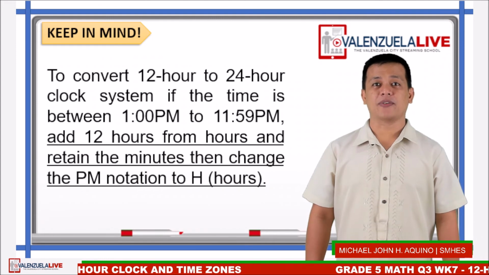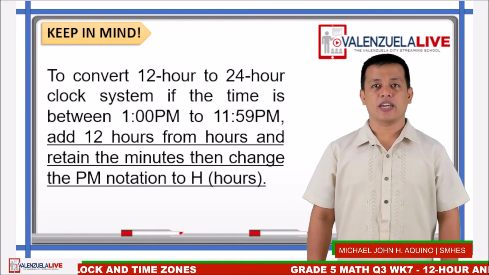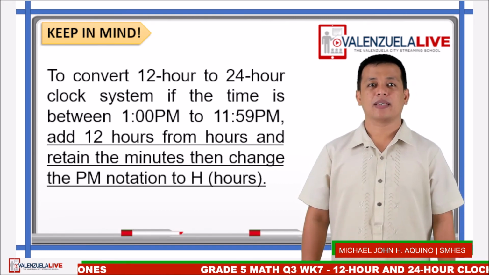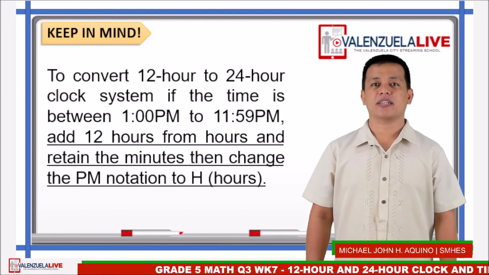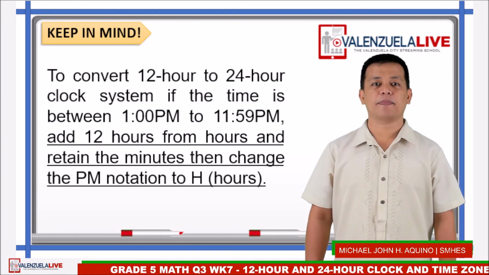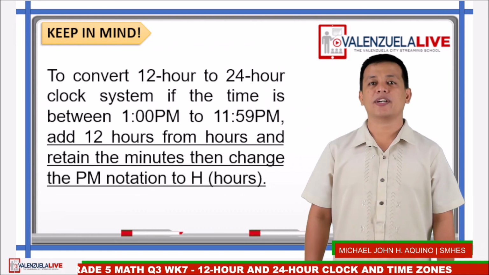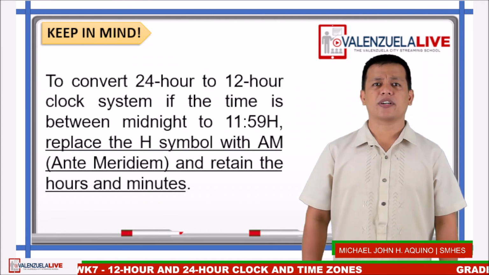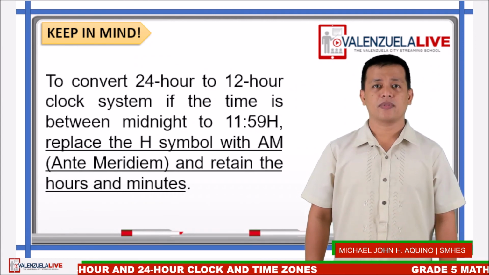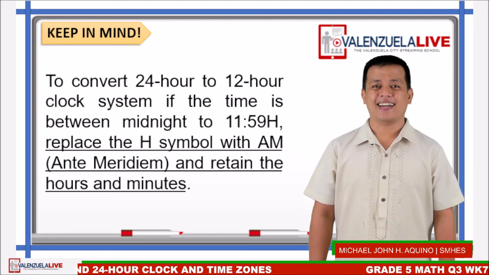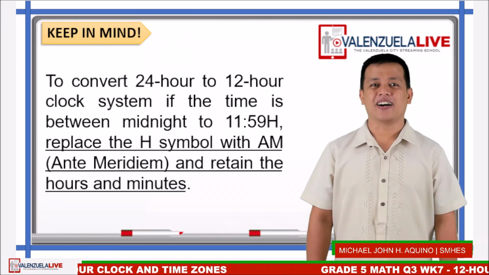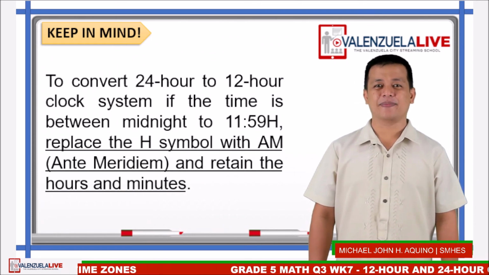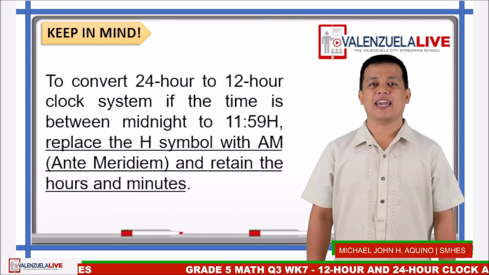To convert 12-hour to 24-hour clock system, if the time is between 1 p.m. to 11:59 p.m., add 12 hours to the hours and retain the minutes, then change the p.m. notation to H or hours. To convert 24-hour to 12-hour clock system, if the time is between midnight to 11:59 hours, replace the H symbol with a.m. or ante meridiem and retain the hours and minutes.